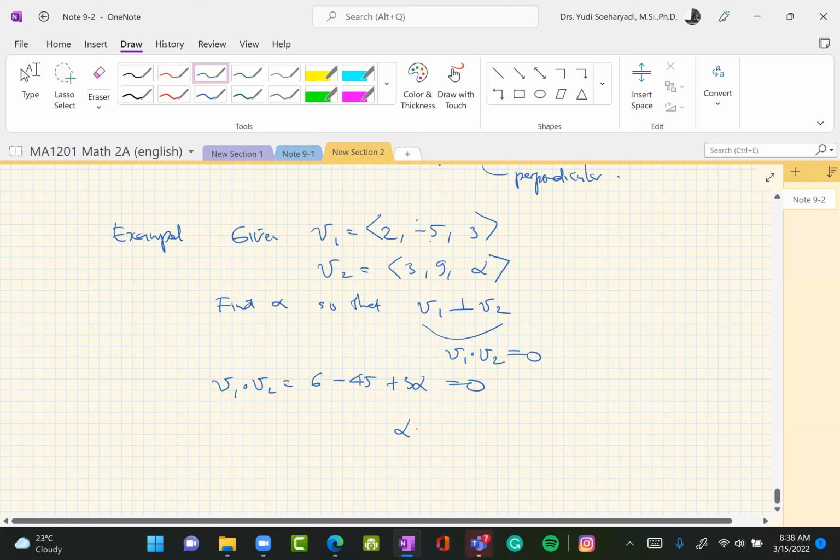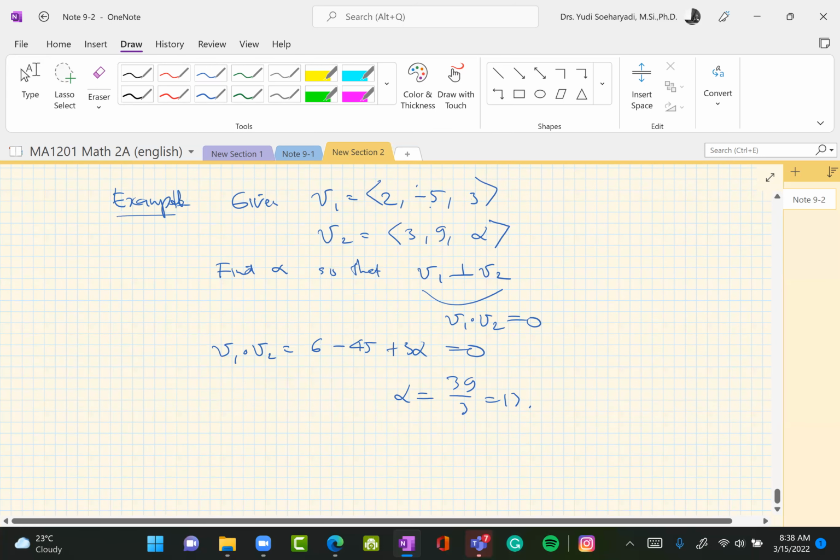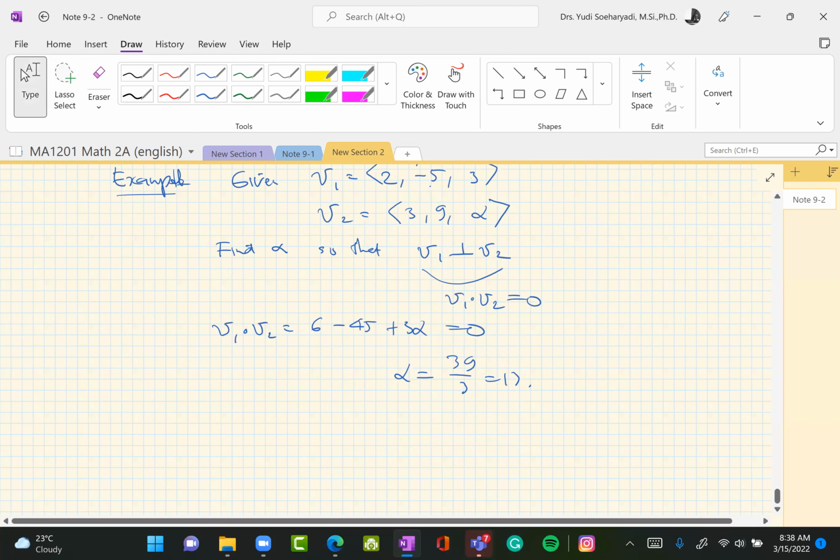So alpha is 45 minus 6, which is 39, divided by 3, which gives 13. So that gives you a criterion for perpendicular. Okay, questions?